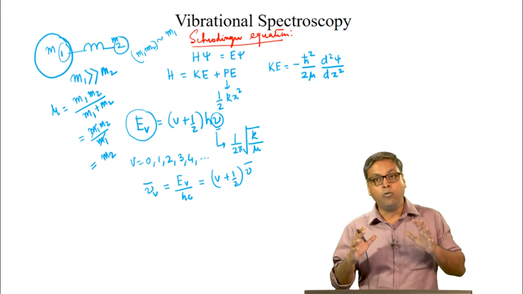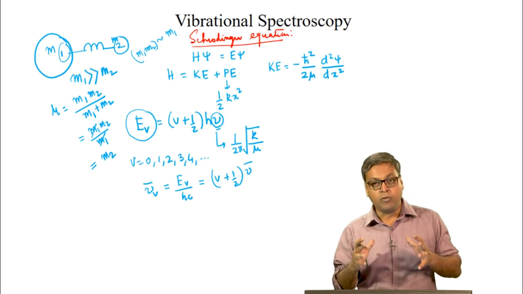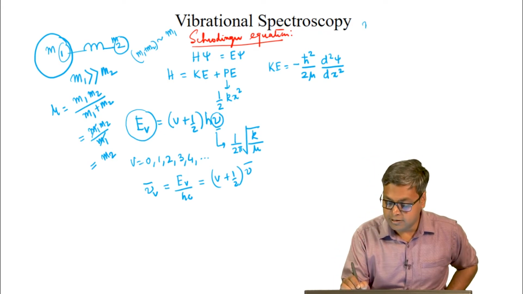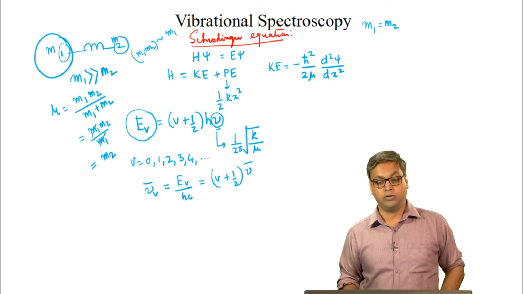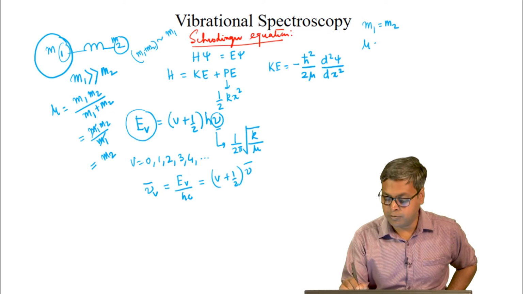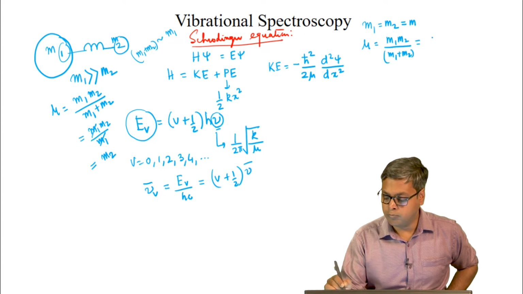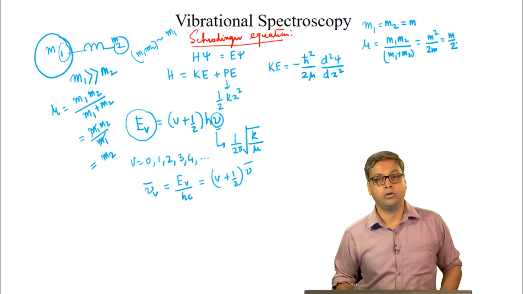Now, if you have a homonuclear molecule where the two masses are the same, that is M1 equals M2, let us say this equals M. So, reduced mass is M1 M2 divided by M1 plus M2. So, it will be M squared by 2 M equals M by 2.